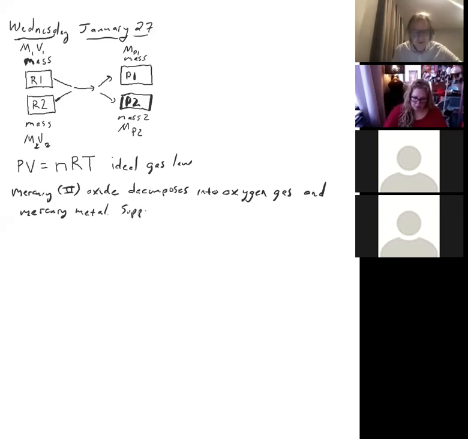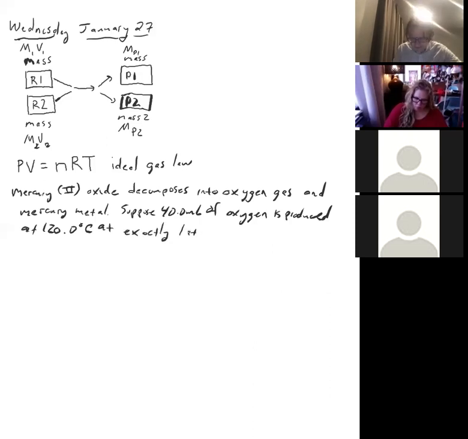Suppose 40.0 mL of oxygen is produced at 120.0 degrees C at exactly 1 atm.